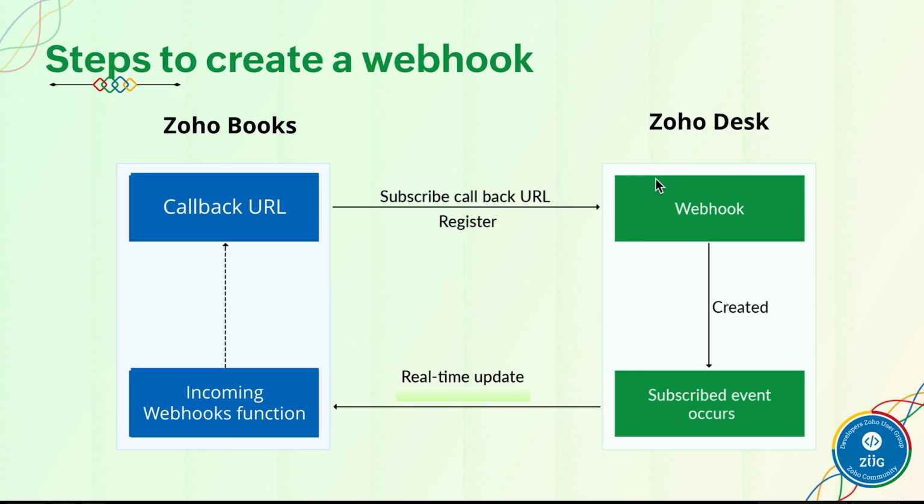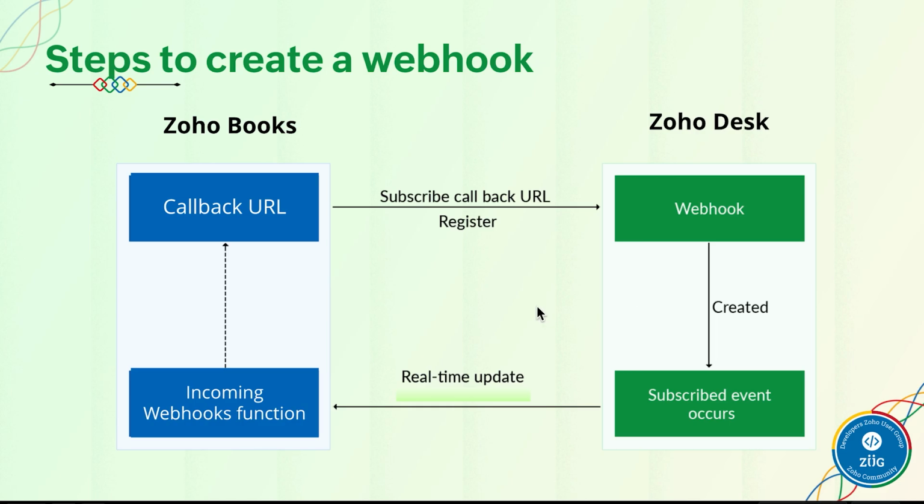So this means that the webhook must be configured in Zoho Desk, since that is where the triggering event is going to occur. To set this up, the event as a creation of new contact and a callback URL which points to Zoho Books has to be defined.